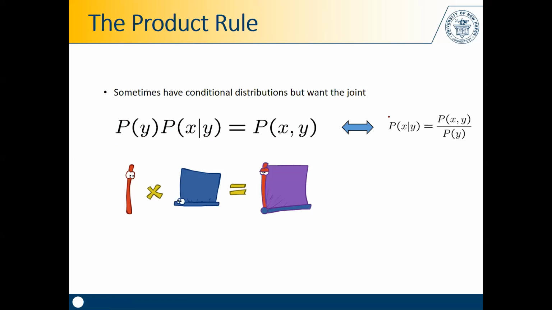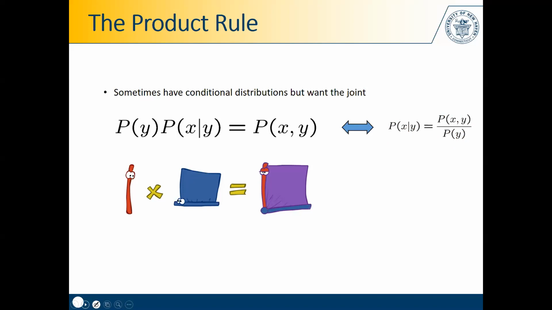Well, we know this from the definition of conditional probability. Remember this? The probability of X conditioned on Y is the joint probability of X and Y divided by the probability of Y. Now, all we've done here is we've brought this denominator over here. That's it.